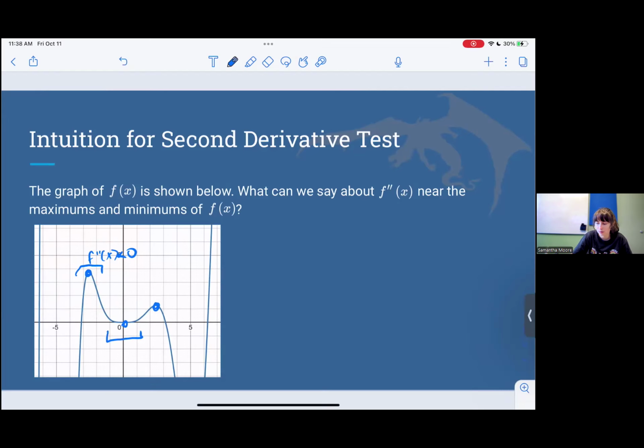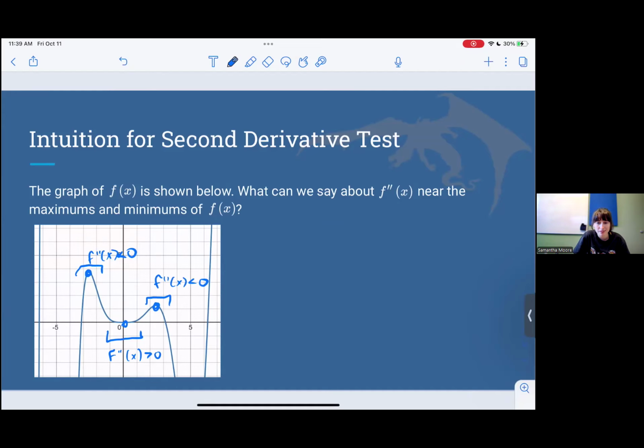Around the relative minimum, the graph of f is concave up like a cup. And so in this region, f double prime of x is positive. And then around this maximum, f of x is concave down like a frown, so I know that f double prime of x is negative again. And it seems like we're starting to see a pattern.